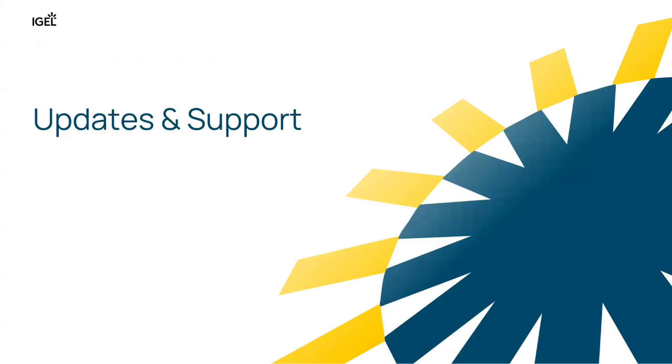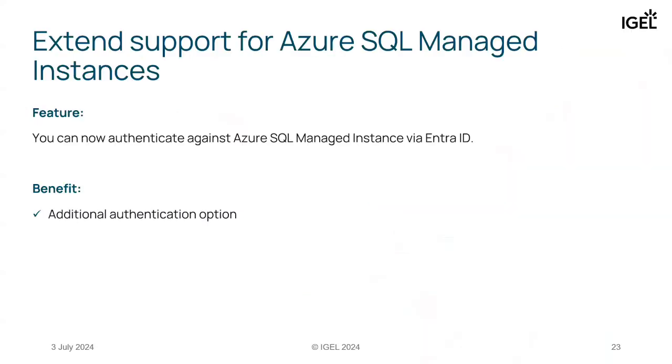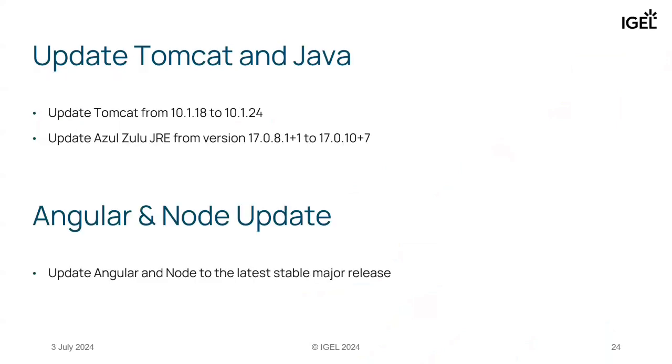Okay, let's talk about the updates and support. We extended our support for Azure SQL managed instances. It's now also possible to authenticate with Entra ID. Then we have our regular updates for Tomcat. We now have 10.1.24 and the Java updates.